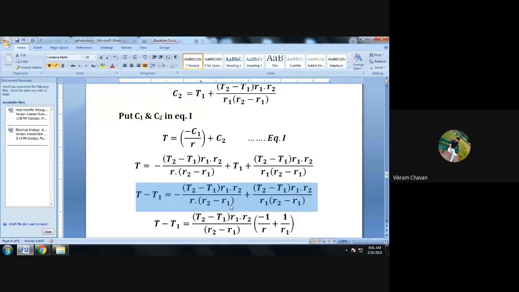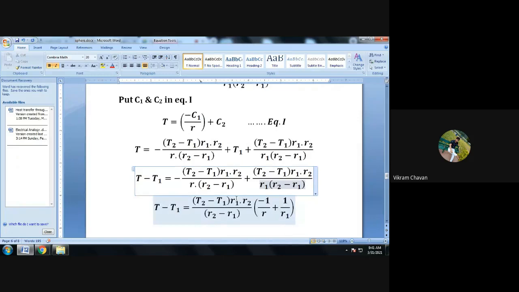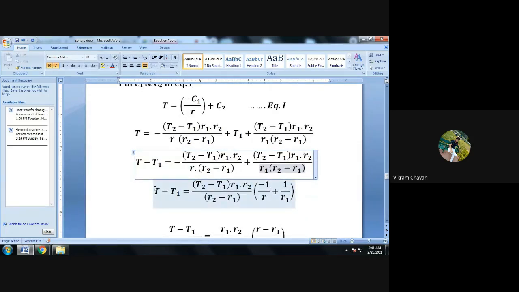And inside the bracket, what will remain? From the first term, minus 1 upon R will remain, and from the second term, plus 1 upon R1 will remain. So we'll get the equation as T minus T1 is equal to T2 minus T1 multiplied by R1 multiplied by R2 divided by R2 minus R1, and inside the bracket, minus 1 upon R plus 1 upon R1.